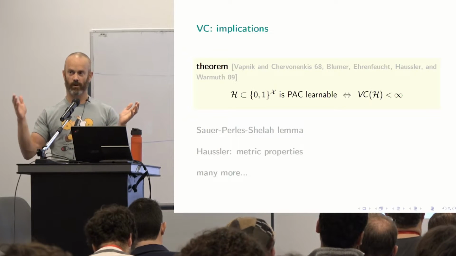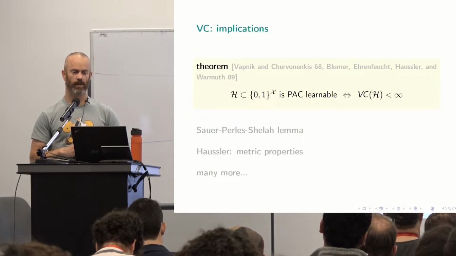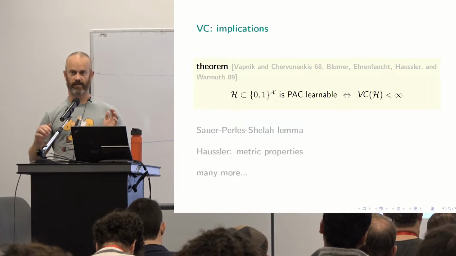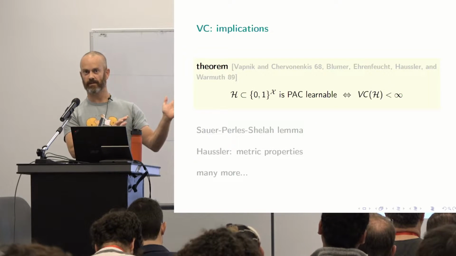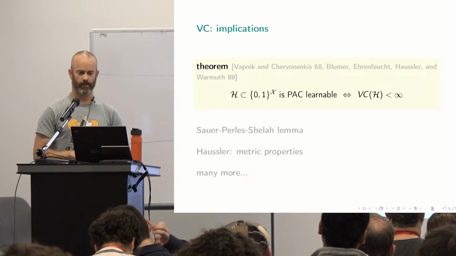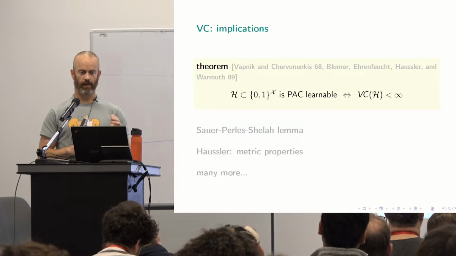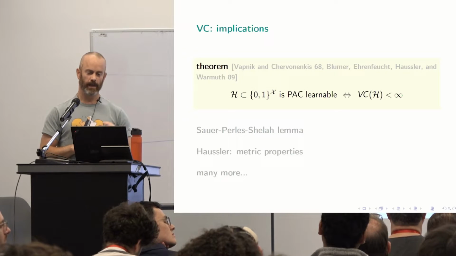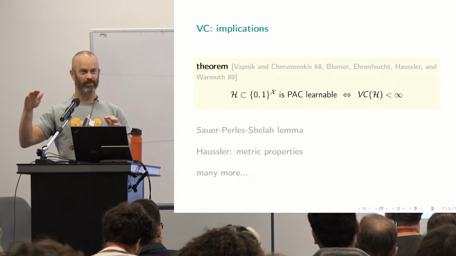So I will not talk about more applications of the VC dimension, but the connection to learning is that the VC dimension captures PAC learnability. This is the theorem that was proved a long time ago. So I don't want to give many details.